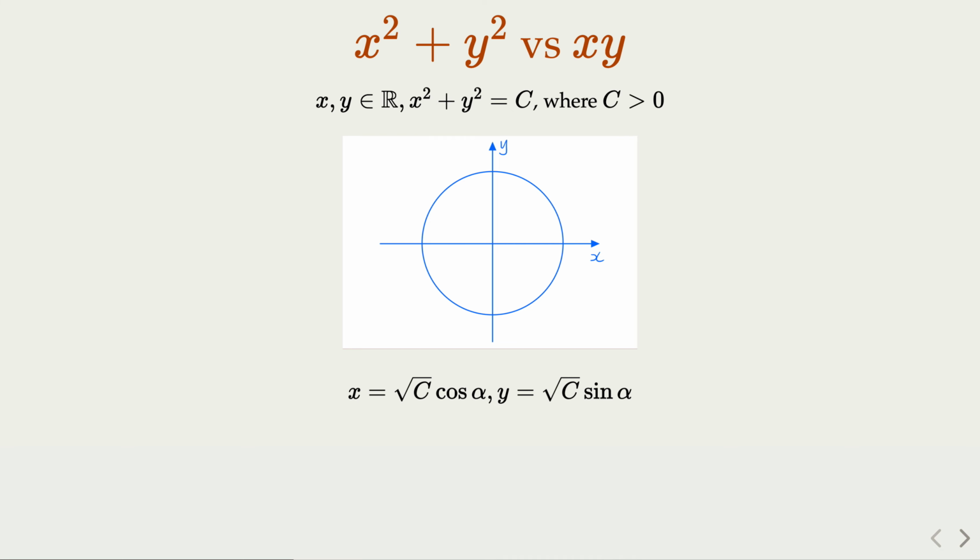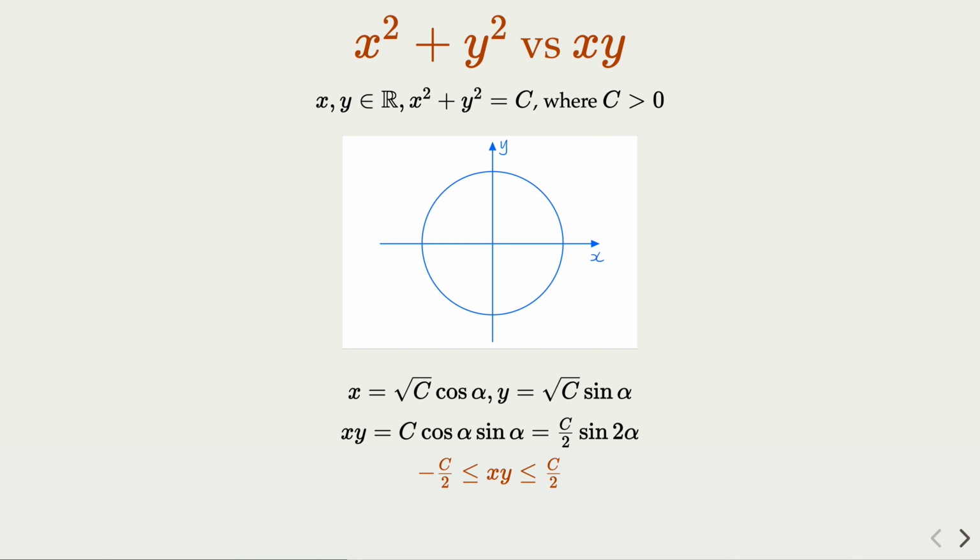Then x times y becomes c, which is r squared in this case, times sine alpha cosine alpha, that's half of sine 2 alpha. The range of sine is negative 1 to positive 1, so xy is going to be from negative c over 2 to positive c over 2. What is c? c here is the value x squared plus y squared.